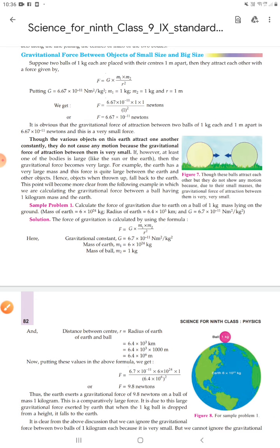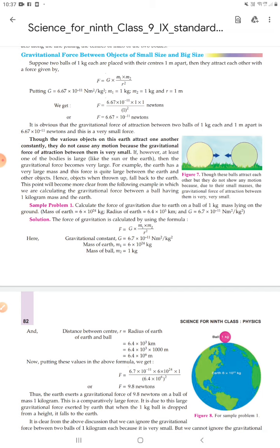As we know, the mass of Earth, you have seen here, is 6 into 10 to the power 24 kg. So if we want to see the force of gravitation, we should have bodies whose masses are very huge, like Earth, Moon, Jupiter. The gravitational system we can see easily there.